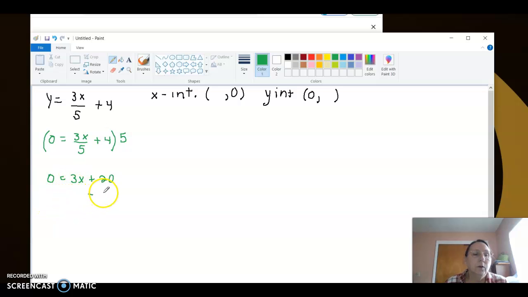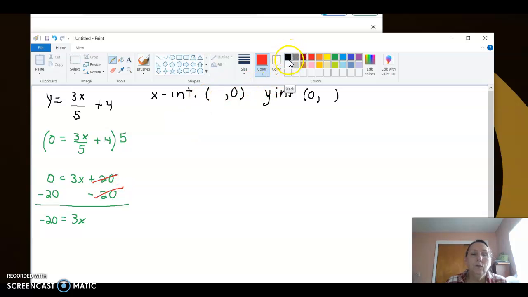And now all I have to do is solve for x. The first thing I'm going to do is subtract 20 from both sides. That's going to give me a negative 20 equals 3x, because on this side it canceled out.